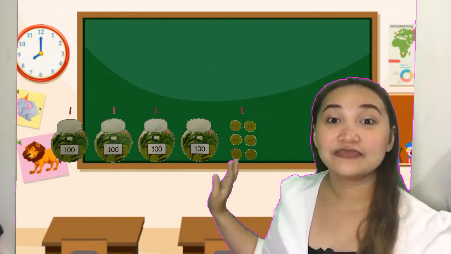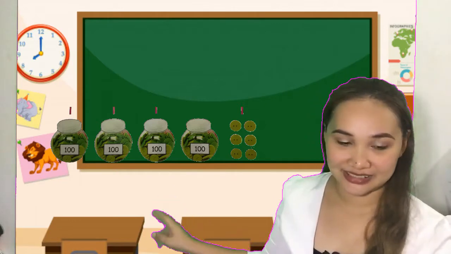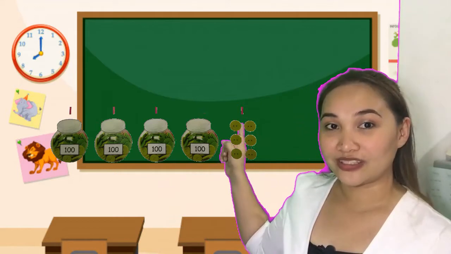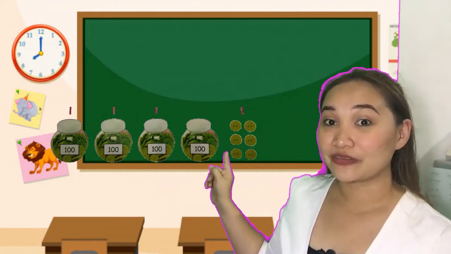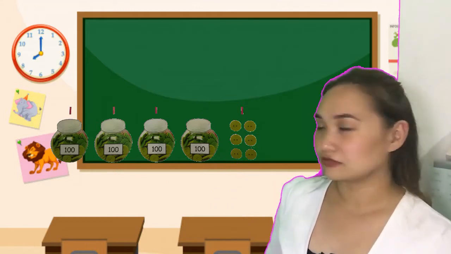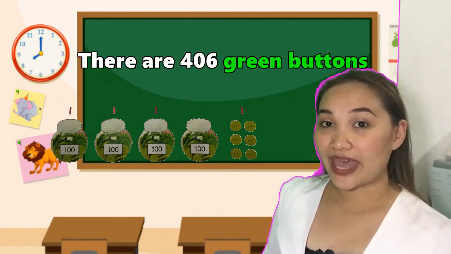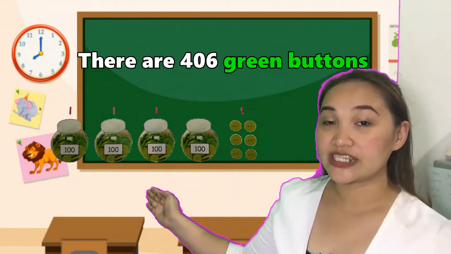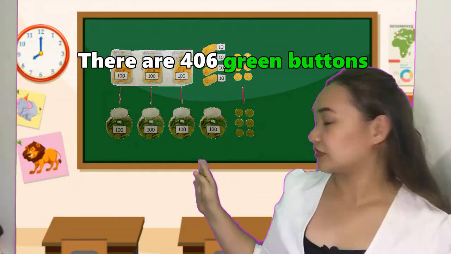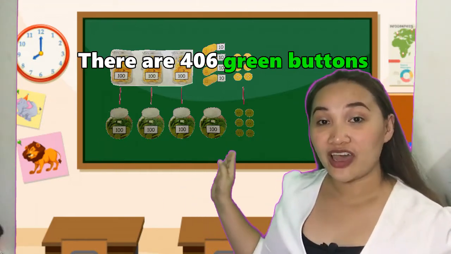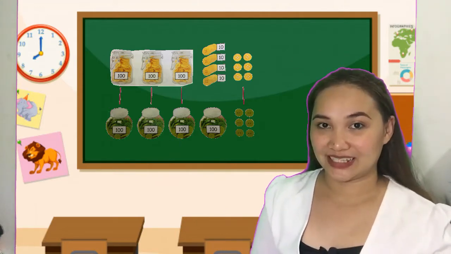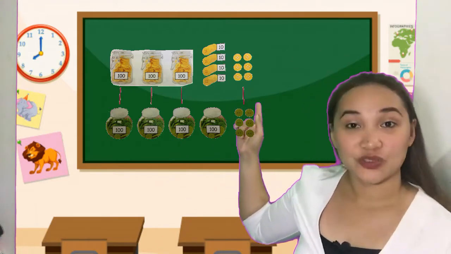Let's count: 1, 2, 3, 4, 5, 6. So we have 406 green buttons.